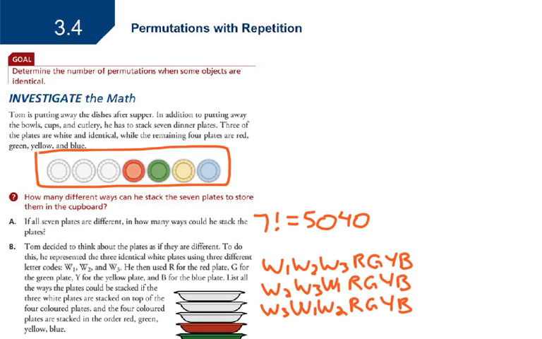The issue now is these 3 white plates that are indistinguishable. In fact, what has happened is we've created a group that we can't tell apart.